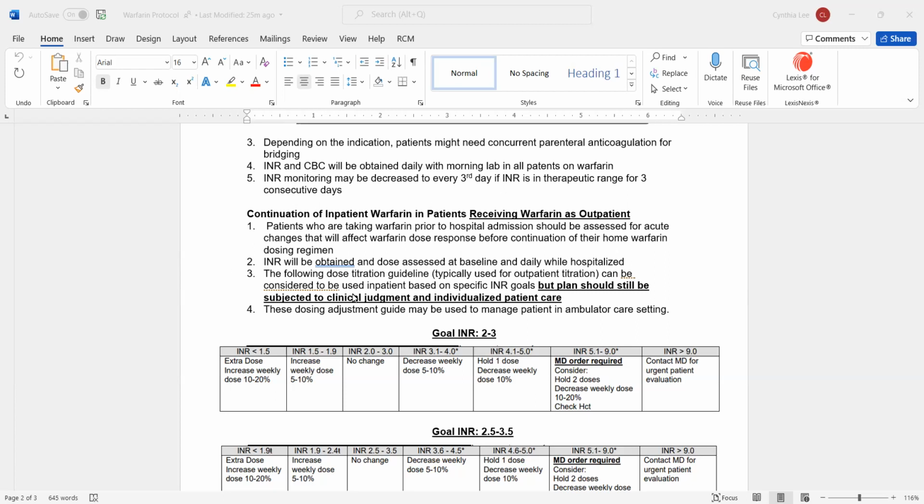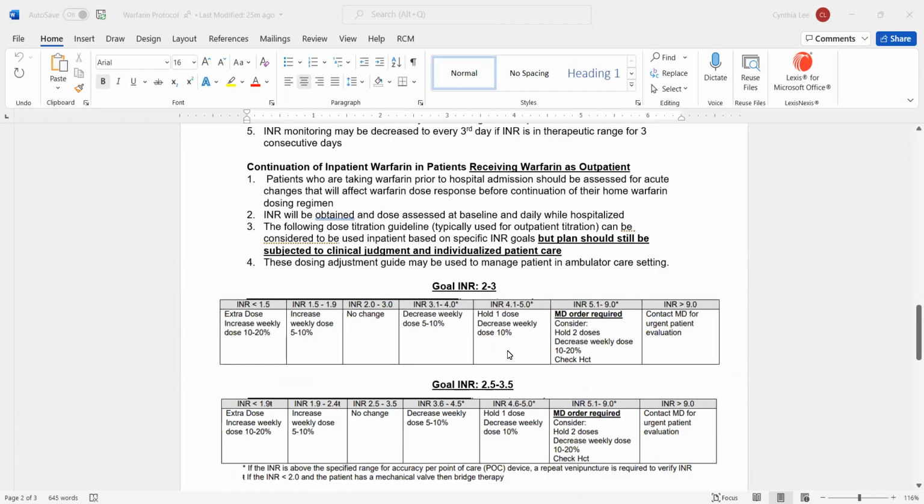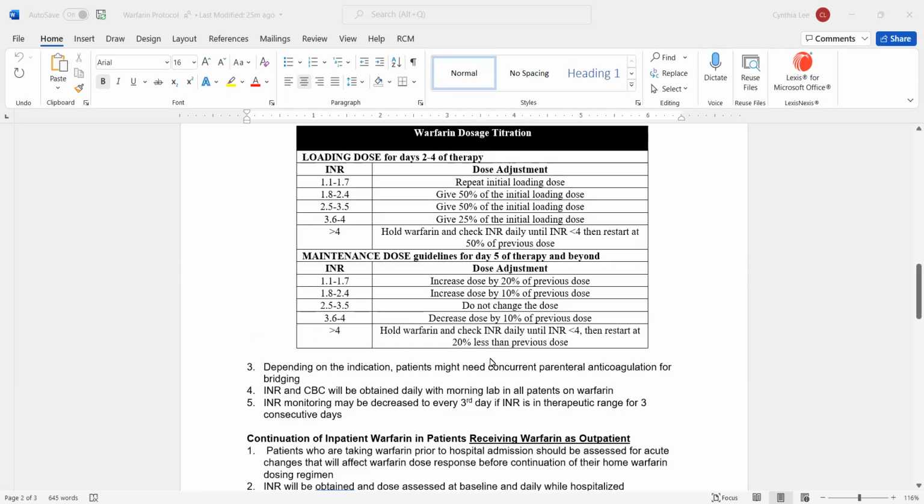And this section, the adjustment and the guides, can also be used for those patients who are being followed in the ambulatory care setting, like in the anticoagulation clinic. So these parameters and adjustment rates can be used in the outpatient setting, not just inpatient.